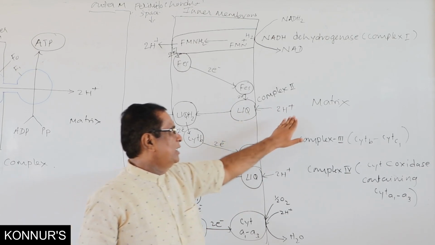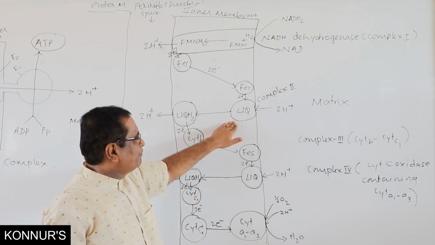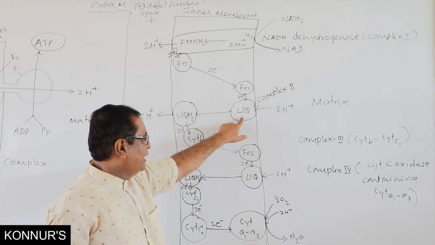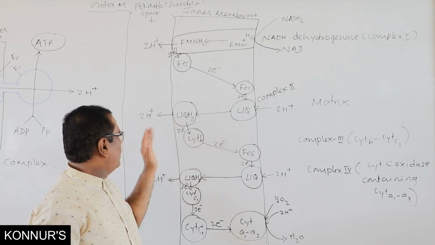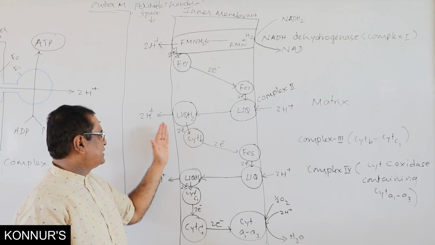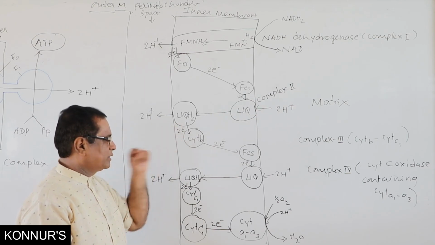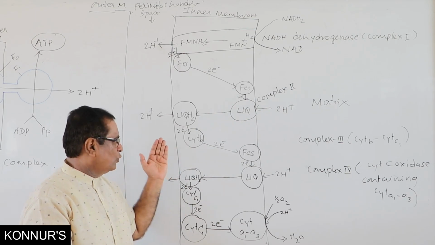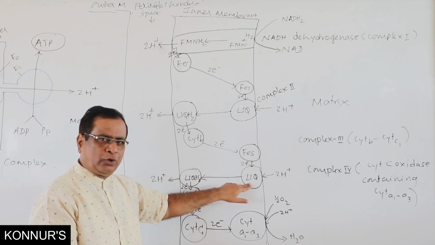In this region only 2 protons from the matrix will come into ubiquinone, and 2 electrons from ferrous sulfide. Now it gets reduced into reduced ubiquinone. Once again, hydrogen splits, protons are pumped into the space and electrons enter the next electron acceptor, cytochrome B, and ferrous sulfide and ubiquinone.